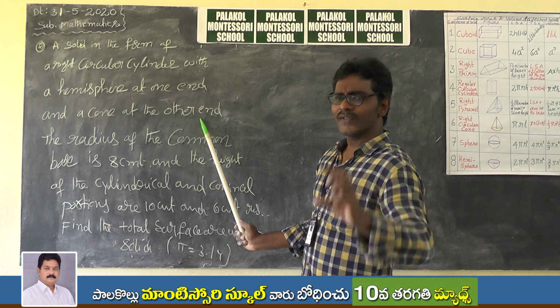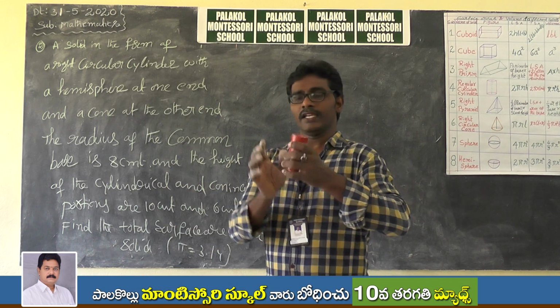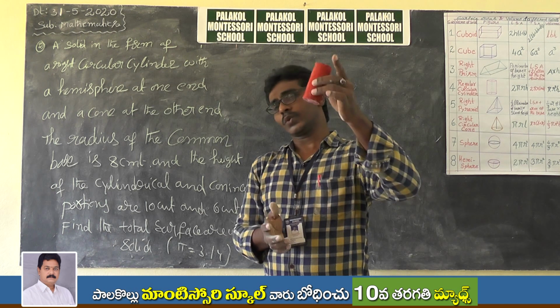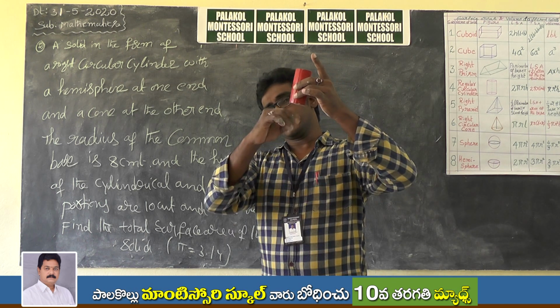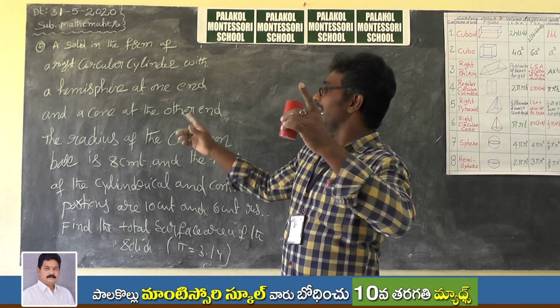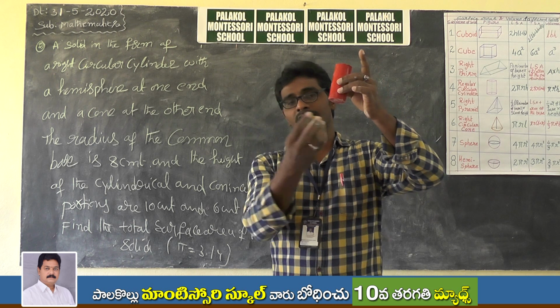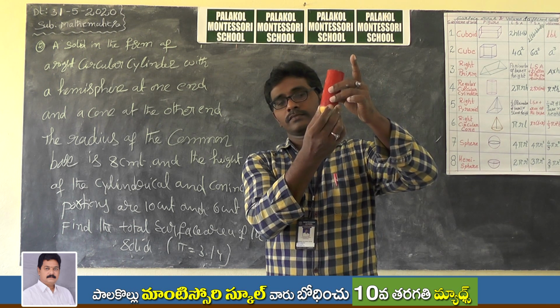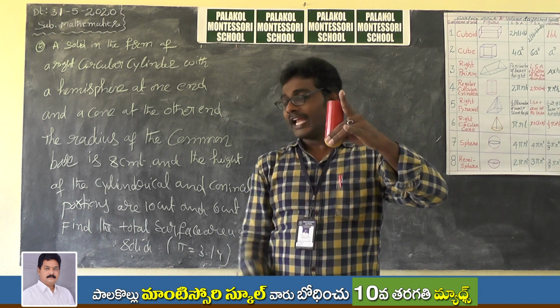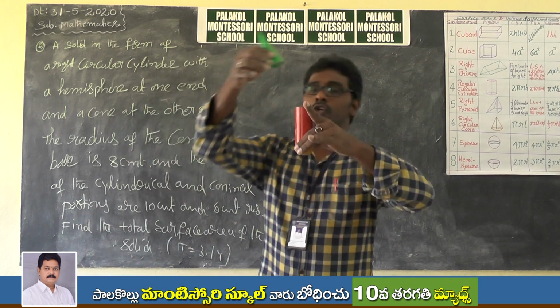This is a cylinder. The cylinder's two ends are there, this is the down end, this the top end. One end is joined with a hemisphere, this yellow color is the hemisphere. The other end is joined with the cone.